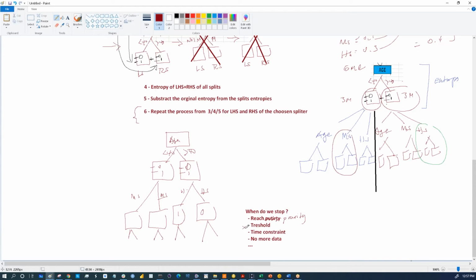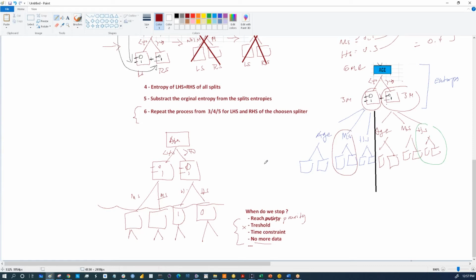We split until we reach a threshold, say I want to stop at split number 5, or we split until there is no more data, so it keeps splitting all the way to the end. Of course, some of these stopping methods are better than others. If you let it learn all the way to the end, the decision tree will end up learning the position of the data rather than learning the patterns out of the data.